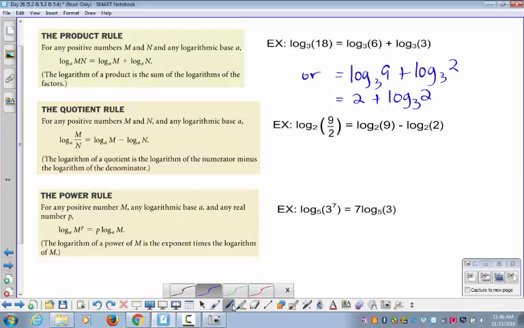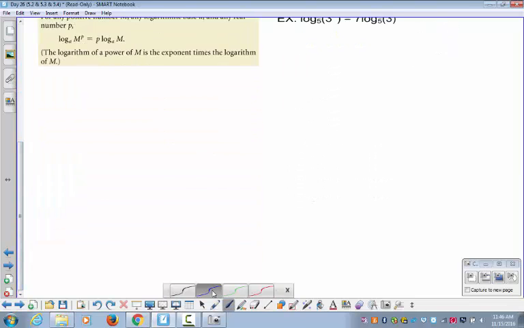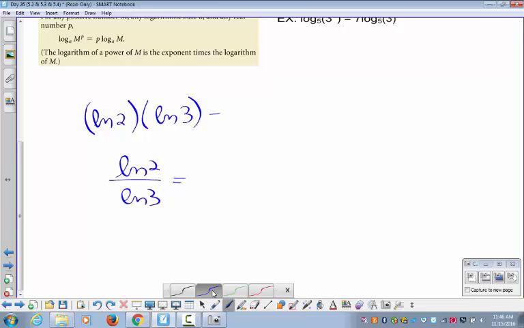The biggest mistake that I see with these rules is that if you have, say, natural log of 2 multiplied by natural log of 3, or natural log of 2 divided by natural log of 3, there's nothing to do here. There's no simplification there. So it's when you're adding or subtracting logs that you can use a log property.